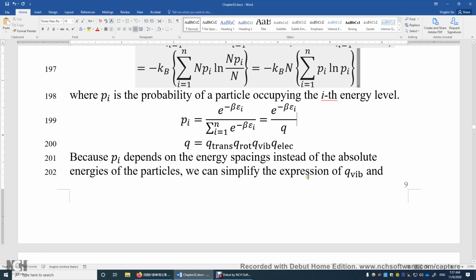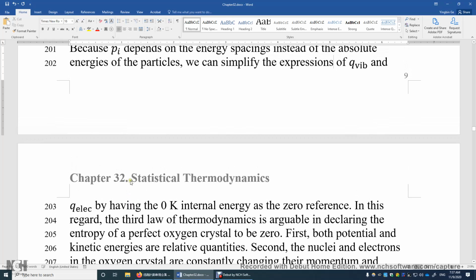So we can simplify the expressions of the vibrational partition function and the electronic partition function by having the 0 K internal energy as the zero reference. What does this mean? That means we just assume the zero-point vibration energy is 0 here. So we arbitrarily choose this half h nu for a vibration mode to be the zero reference.